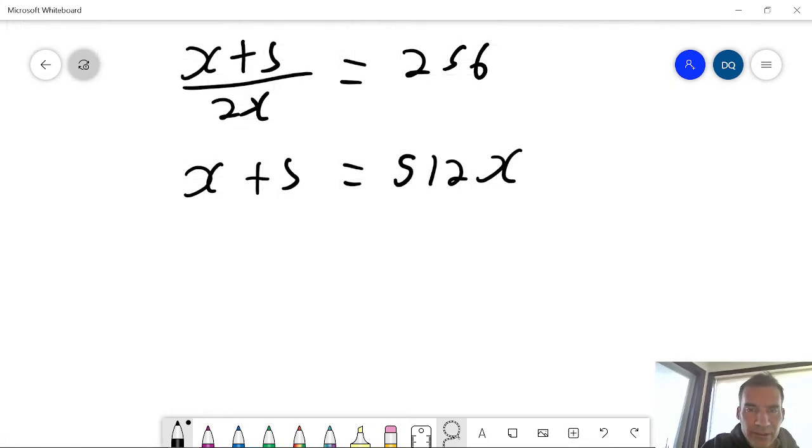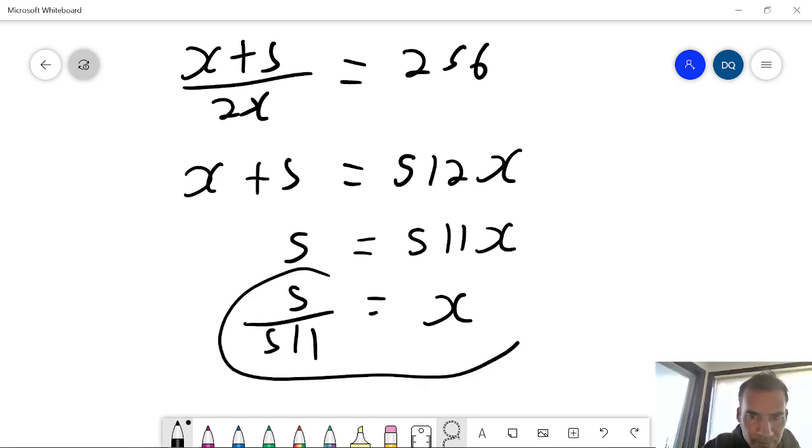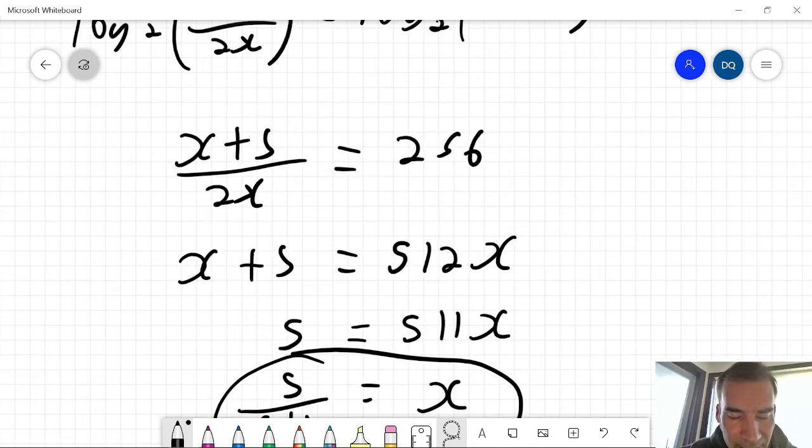And finally, if I subtract x from both sides, 5 is equal to 511x, or x is equal to 5 over 511. And does that work?